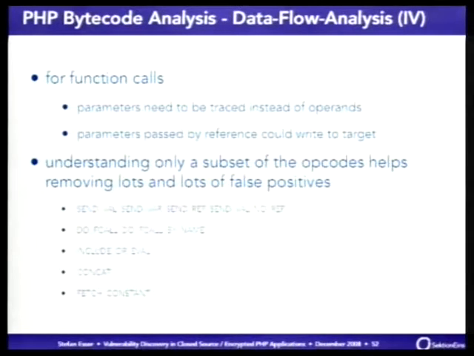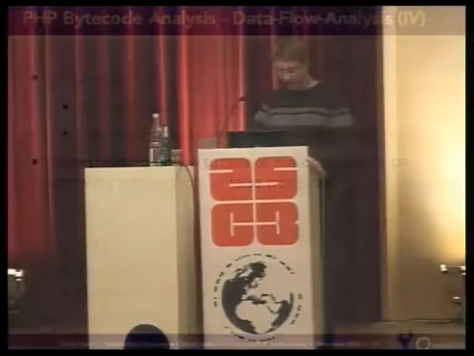And you also have the problem that function parameters that are passed by reference are also possible write accesses to your variables. So you also need to check if one of the parameters is actually the thing you are searching for.